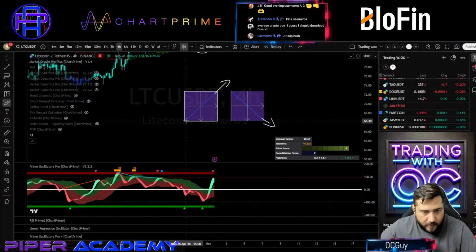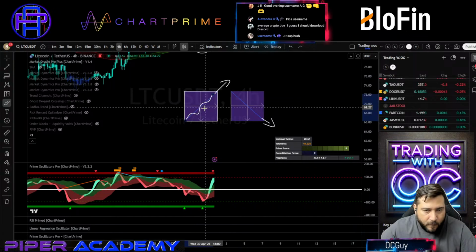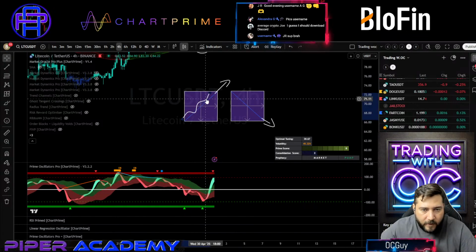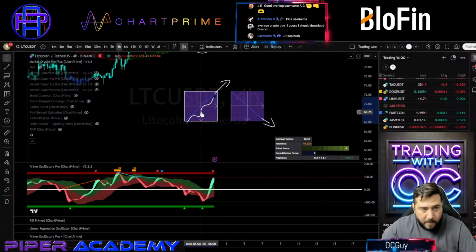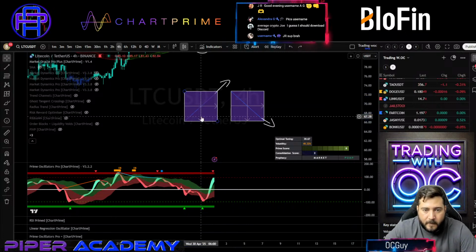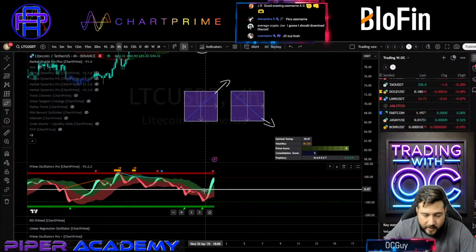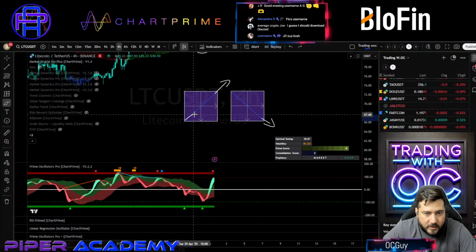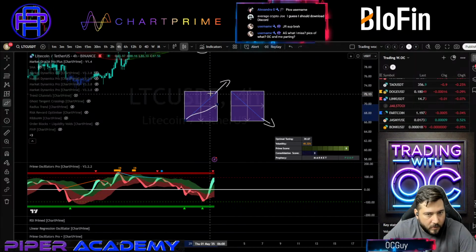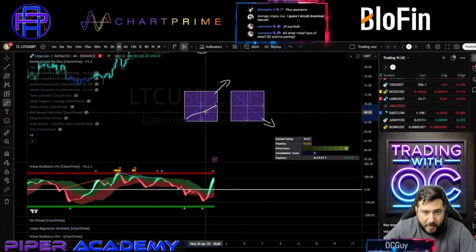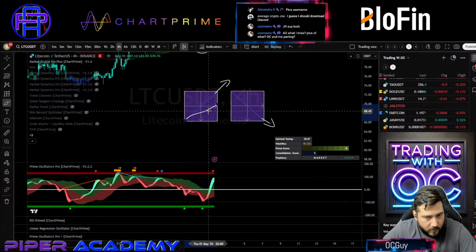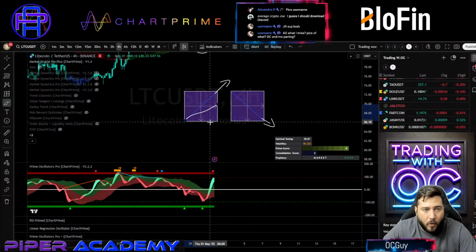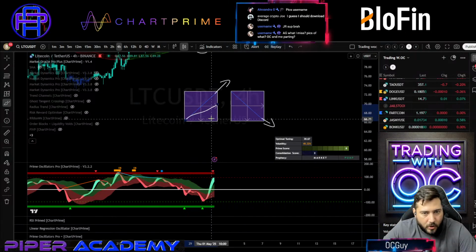If the ribbon is oscillating back and forth or very close to my 45-degree angle, I am expecting a multi-candle retest. If my oscillator, my ribbon, is below the 45-degree angle, I am expecting a fake out, either a fake out or a very slow retest.